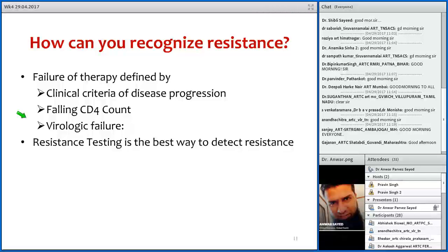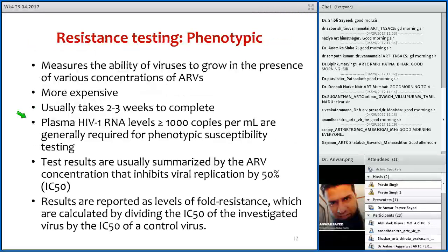In fact, in the Western world, they do the drug resistance testing before initiation of first line, before putting the patient on ART. We don't have that luxury because of the availability of facilities. So we don't do it, but that is followed in the Western world.